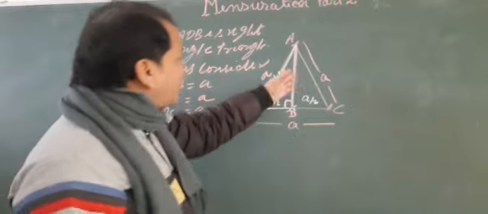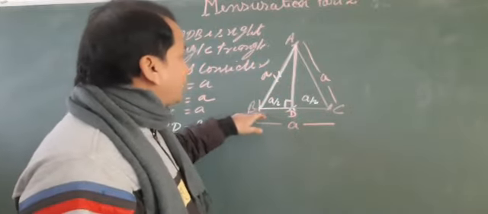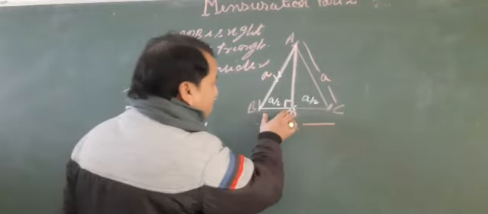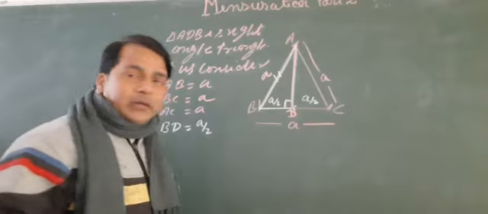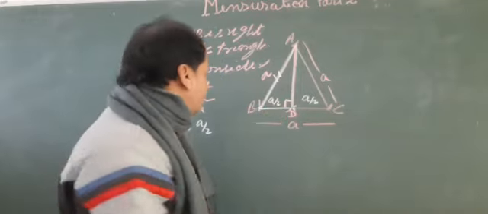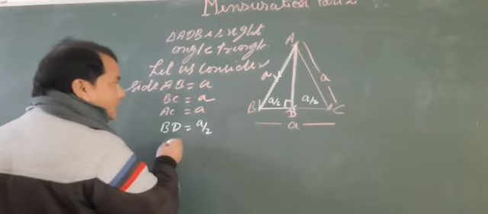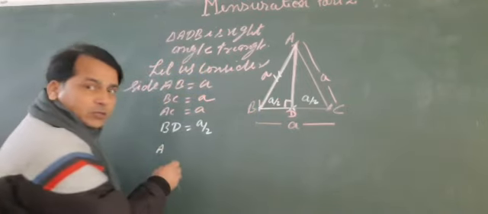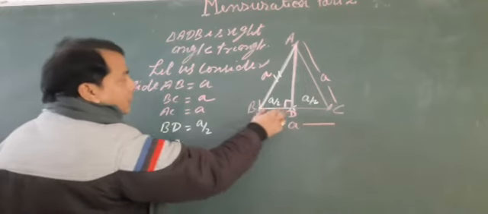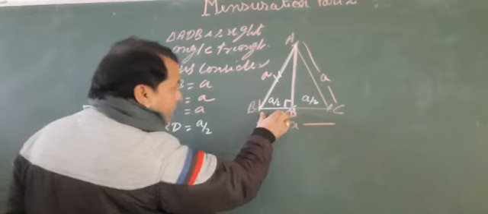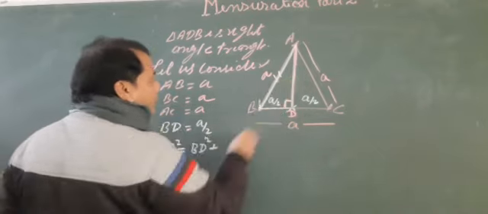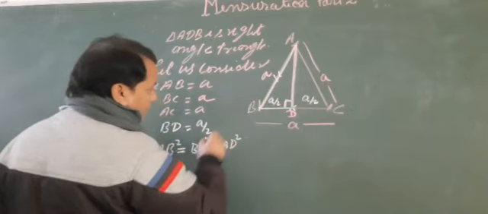So in this right angle triangle ADB, hypotenuse is AB, base is BD and perpendicular is AD. So AB square equals BD square plus AD square.